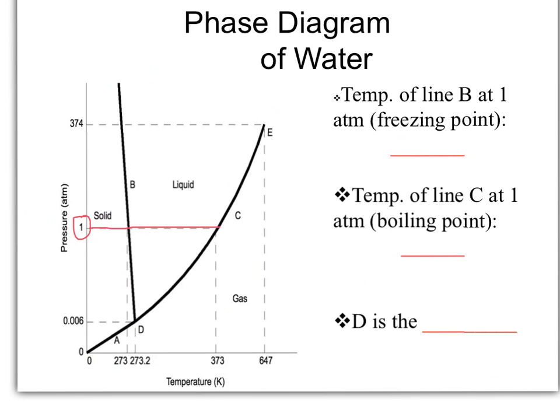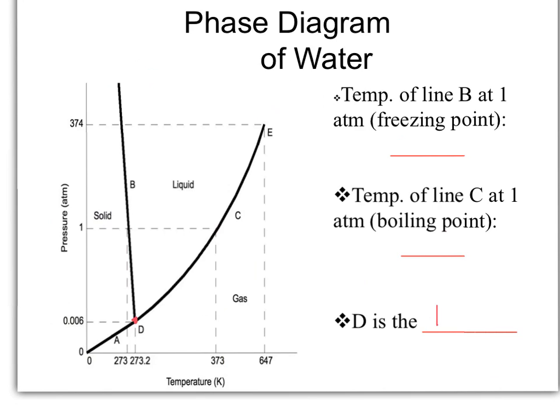This is the line of vaporization or condensation, and you'll notice that it separates the liquid from the gaseous state. I'm going to do the same thing. I'm going to drop down, and I'm going to record its temperature of 373 Kelvin. They would like for you to identify point D, and hopefully you will identify that as the triple point.